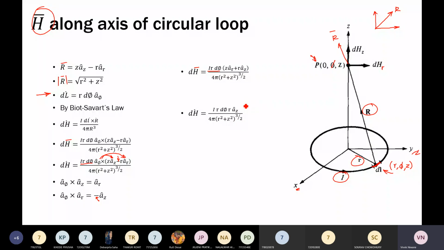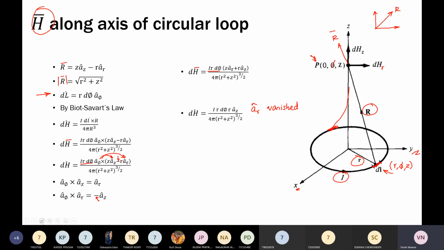Here an interesting change happened. All the a_r cap terms vanished. Why? Just as there is a dL bar here, on the opposite side there will also be a dL bar.